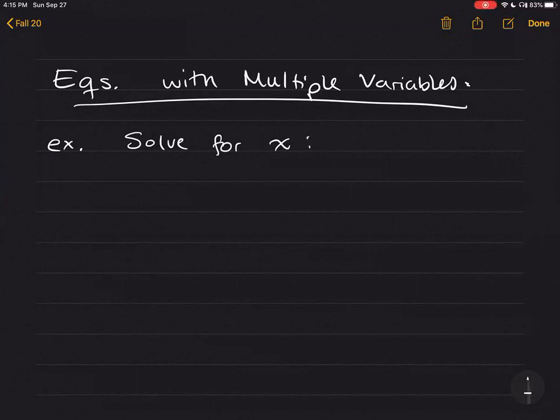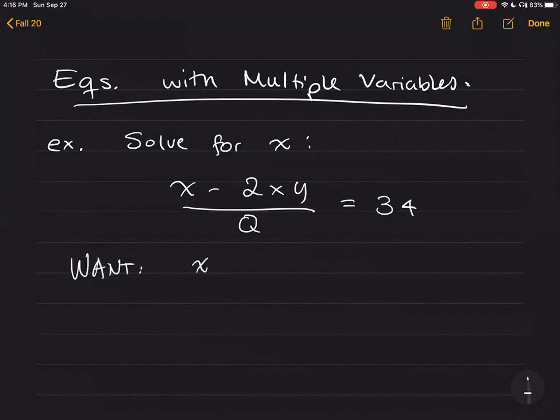So let's say we have an equation like x minus 2xy over q equals 34 or something like that. When we see something like this, what we want to do is isolate x. We want x alone. So you just do what you need to do for that.